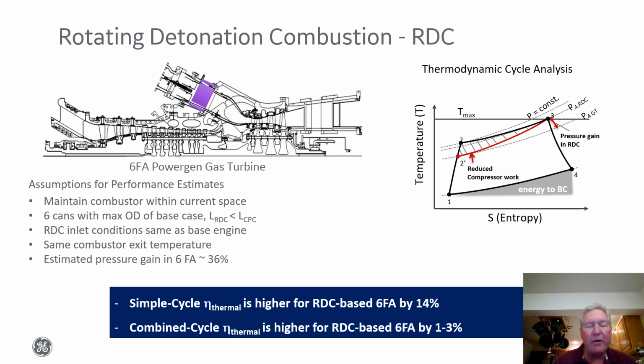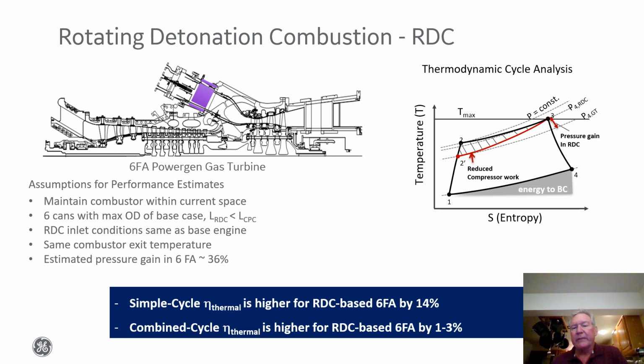The upper left-hand graphic shows a power gen turbine cross-section with the combustor can pointing or canting outwards. There's a purple region, which is where the rotating detonation combustor would be located.